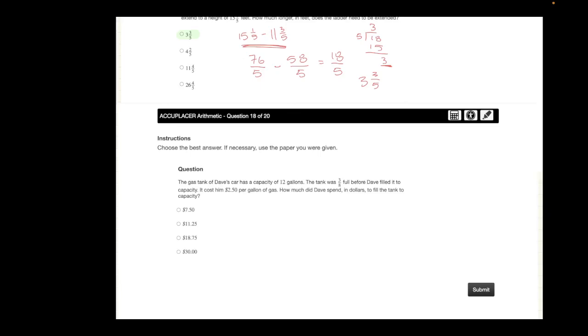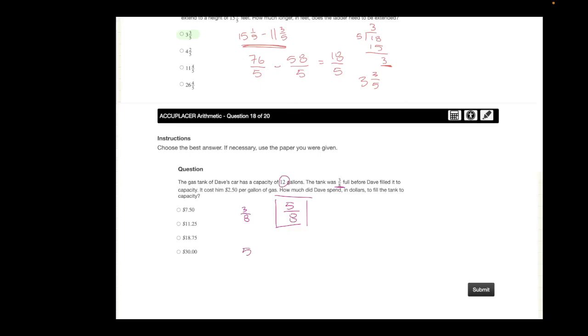Okay, so let's start off by organizing our information. The tank was 3/8 full before he filled it, meaning that he had to fill 5/8 of that tank. So he filled up 5/8 of 12. That's why it tells us there's 12 gallons in this situation.